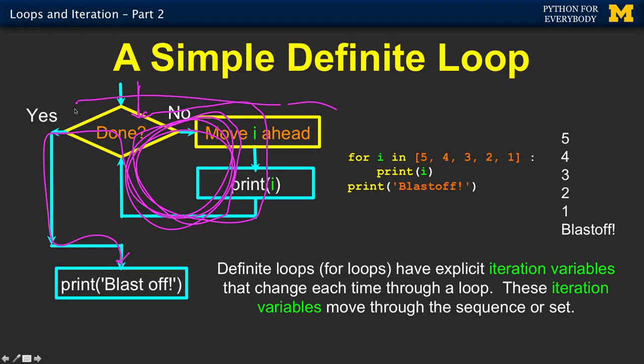All this logic here, this yellow bit, is constructed by you using the for statement. You can tell it what to do, and it just writes the code. You could do this with an I, an increment or a subtracting, and a while loop, and while I is greater than 0, you could do this. But the for loop just does it for you. So for does a few things for you.